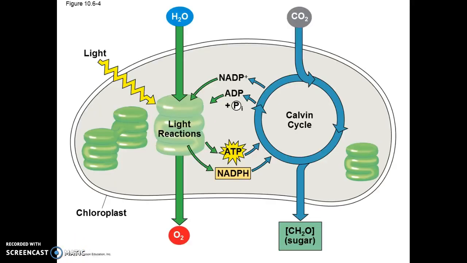Our goal in studying photosynthesis is to better understand how the reactants become converted into these products, how water is going to come in, resulting in oxygen being released, and how carbon dioxide is going to get built into sugars. We will be breaking this into the light reactions, whereby solar energy is converted into two forms of chemical energy, ATP and NADPH.